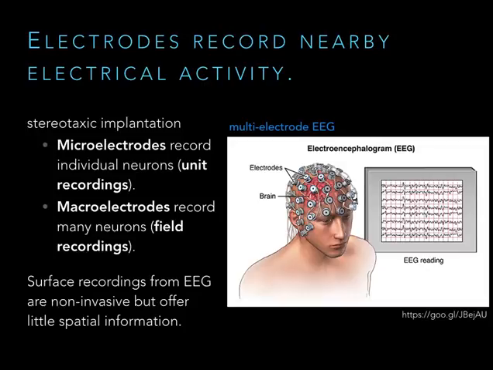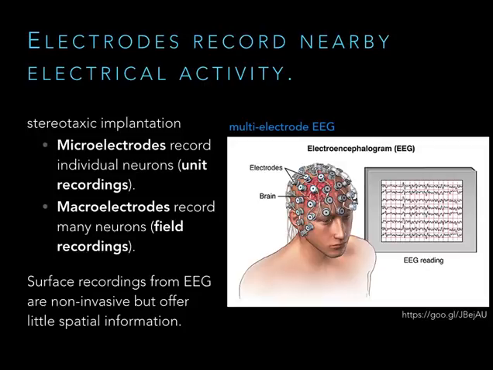So the electrodes on an EEG are very much like the macro electrodes that can be implanted. In animals, we can actually implant our electrodes under the skull into the brain. Humans, of course, usually don't sign up for that, so we use EEG for humans. But with animals, we have more options.